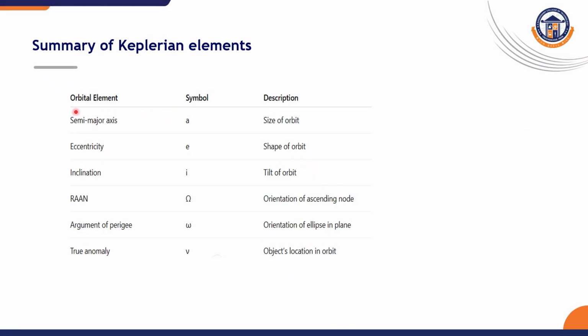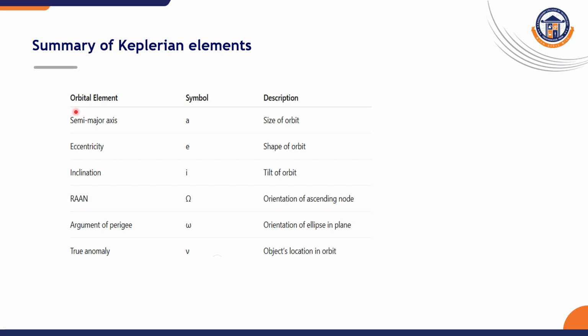In summary, we have 6 elements of the Keplerian set. These 6 elements are mathematical parameters. These mathematical parameters will define the location of the object in the orbit, and the position and size of the orbit.